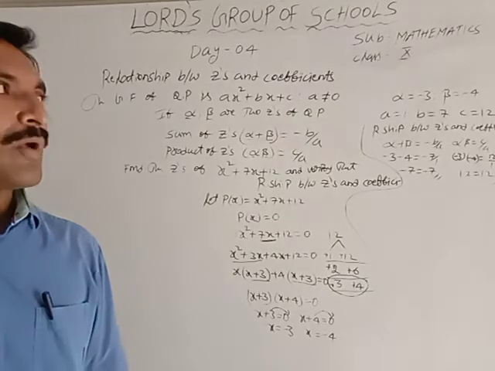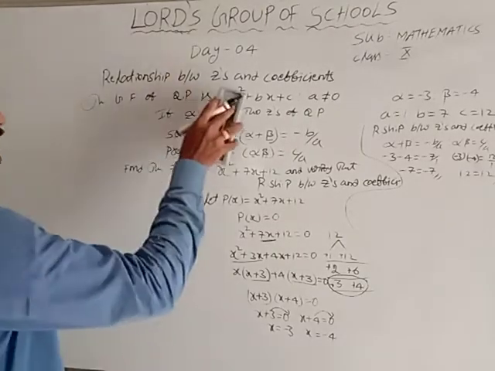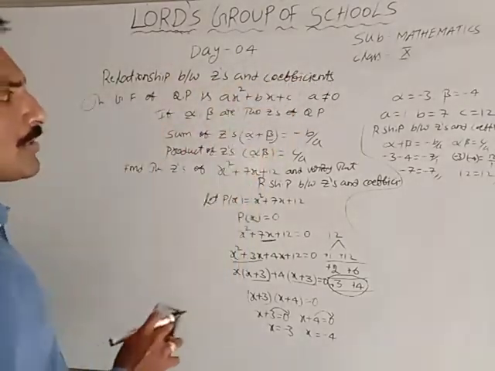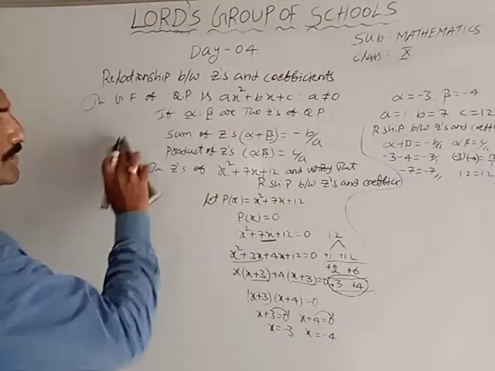Now comes one more example on the relationship between zeros and coefficients. Now we'll take one more question.